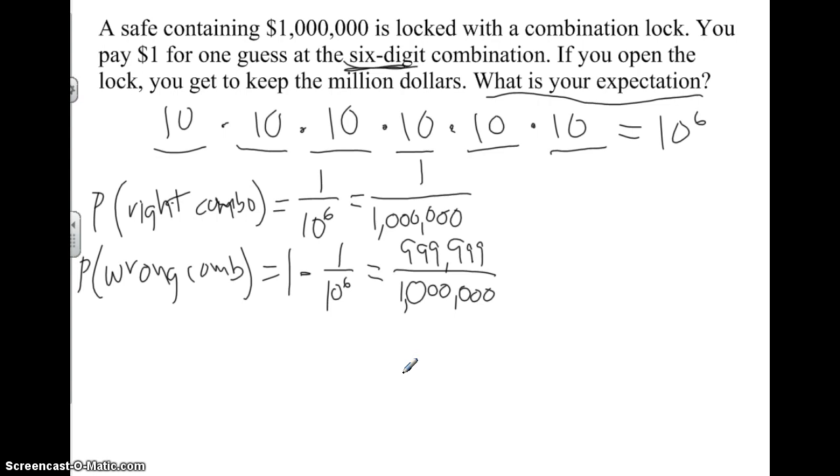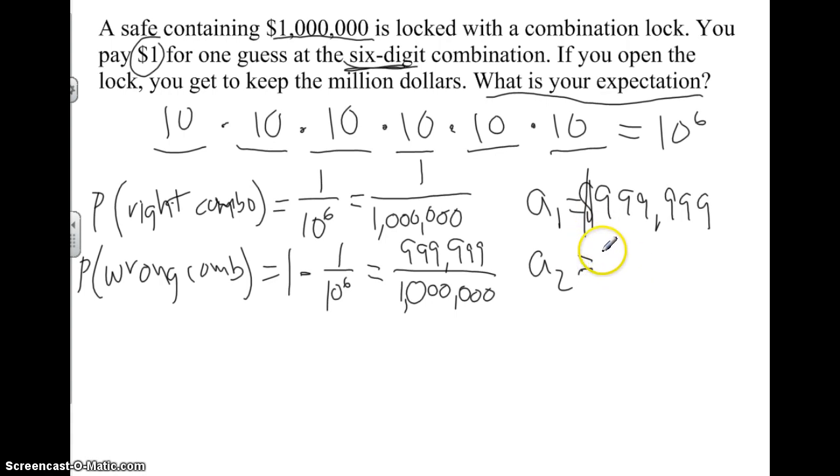And so for this one, our payout is not going to be $1 million, right? You are going to be getting that much back, but remember that you paid in that $1. So our payout if we get the right combination is this, and obviously this is before taxes. And the payout for the wrong combination, you're not getting anything back, but remember that you did pay that $1, so it's going to be negative $1.